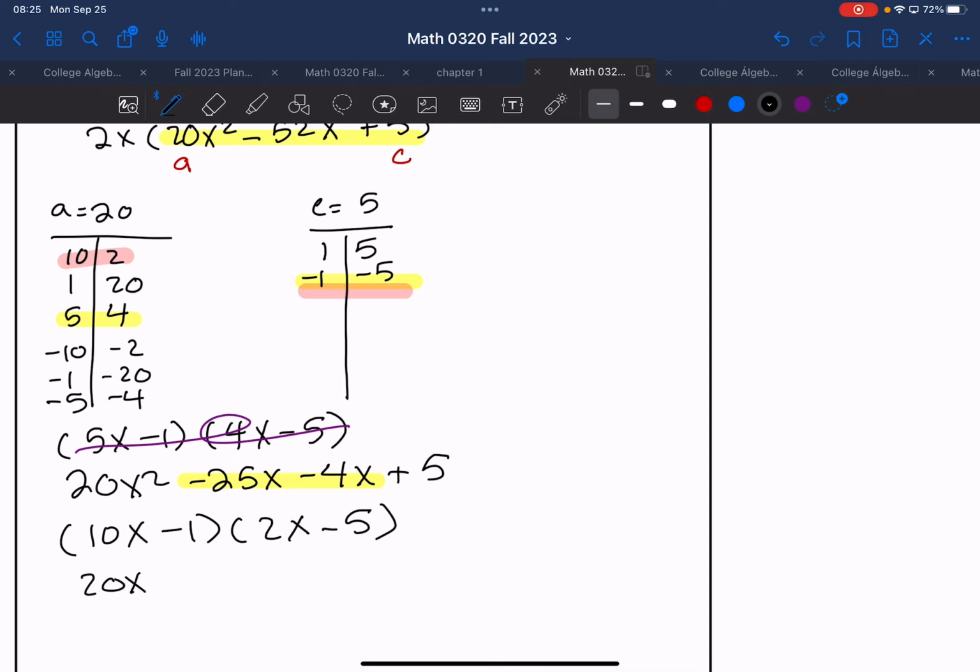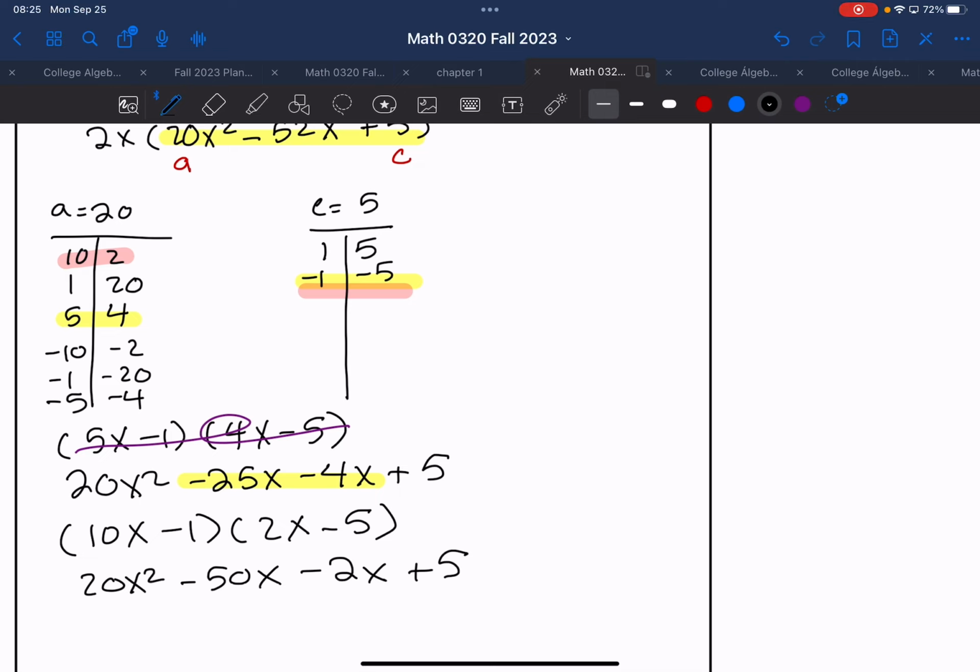So 20x squared. So we already know that our A and C values are going to be good. We're just checking that middle value of B. So 10x times 2x gave us 20x squared. 10x times negative 5 is negative 50x. Negative 1 times 2x is negative 2x. Negative 1 times negative 5 is positive 5.